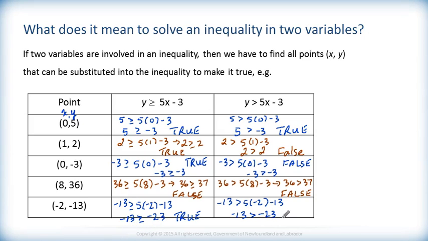And of course, it's true over here. So as we can see, there are some points that will be true in both, some points that will be false in both. But points that make this inequality true because of the equal sign will make this one false.